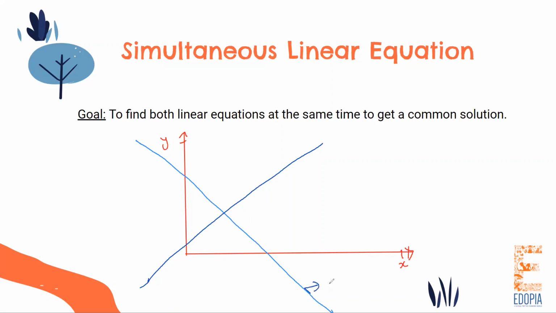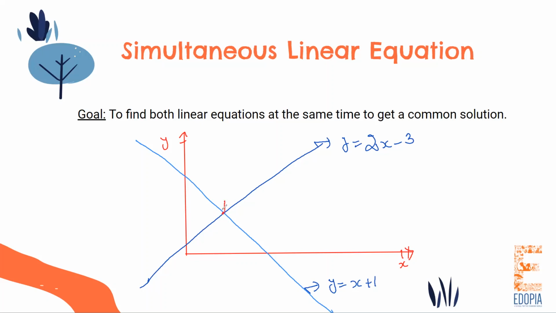This line may be representing the equation y equals x plus 1, and this line is maybe representing the equation y equals 2x minus 3. Now, as you can observe from this graph, both these lines are meeting at a certain point.